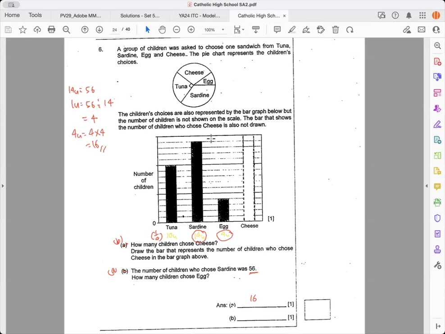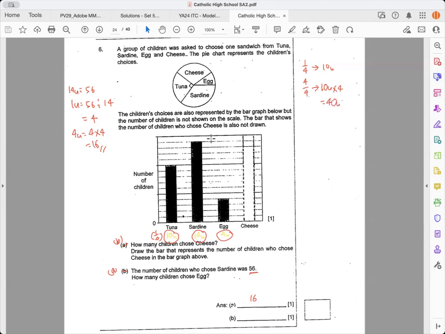Now, we know that 1/4 is 10U, right? 1/4 is 10U, so the entire pie is 4/4. So it's 10U multiplied by 4. It's 40 units.